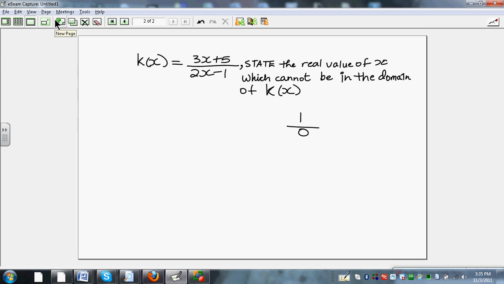Most people think 1 divided by 0 is 0. But it is not. 1 divided by 0 is an error. It's actually undefined. It's actually meaningless.